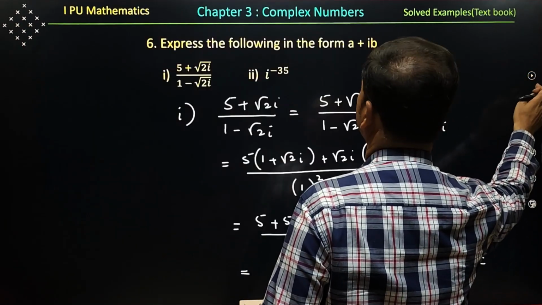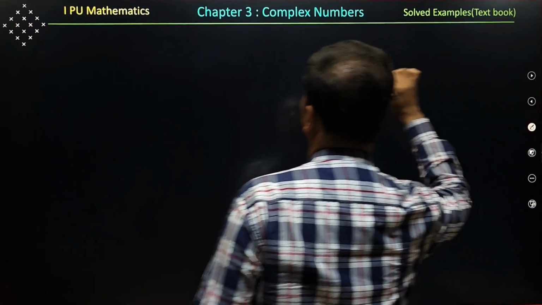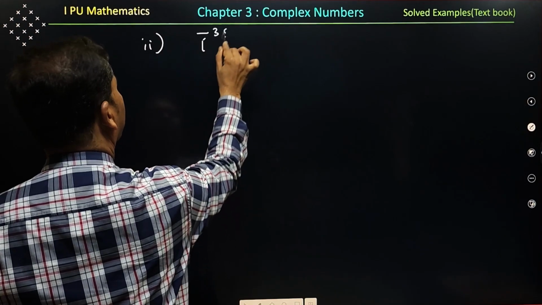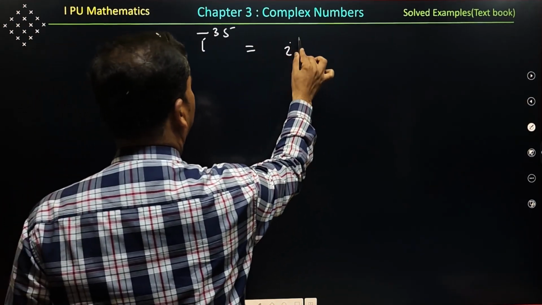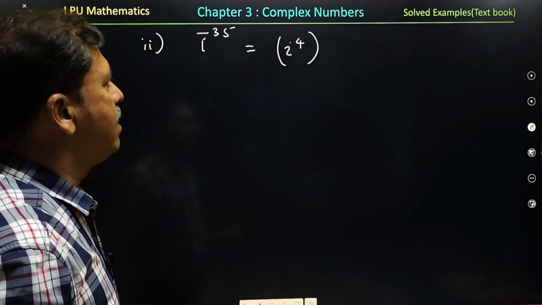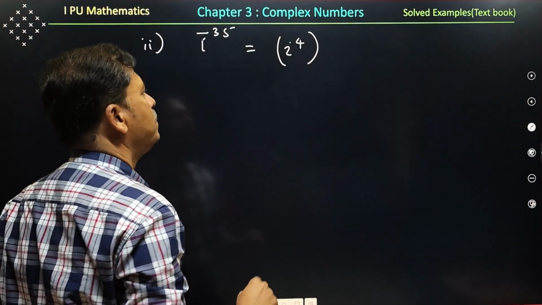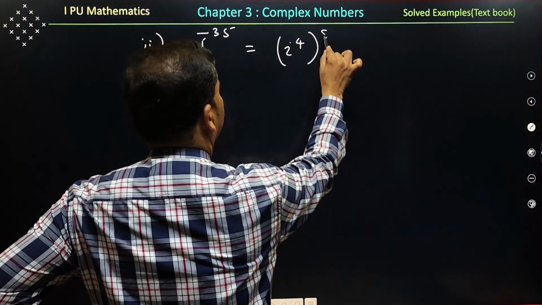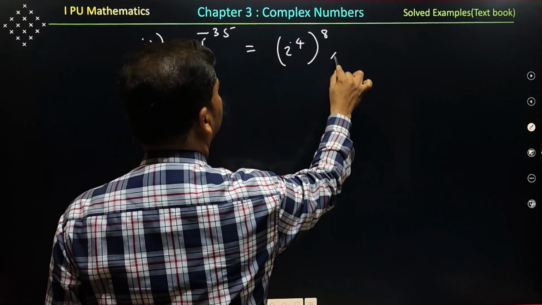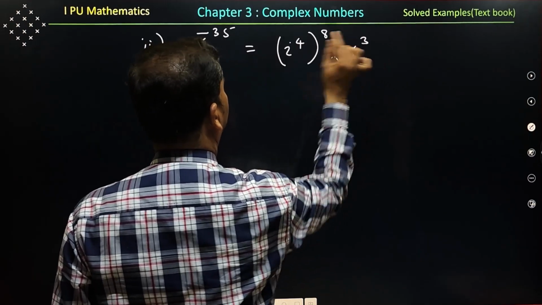I to the power -35. Second one, I to the power -35. Look, take I to the power 4; to get near 35, how much do you take? 8 4s are 32. For 32 to become 35, you need to take I to the power 3.